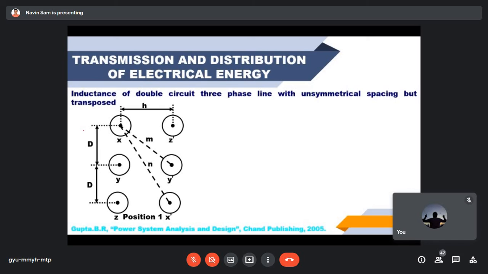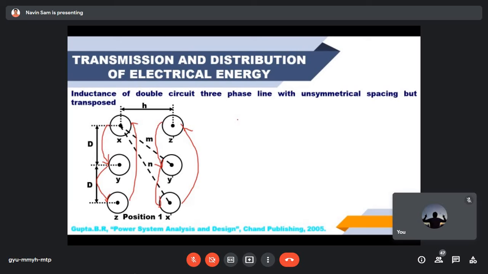Transposition in the sense, X is here, so X will take this position in the next one. Y is here, Y will take this position. Z is here, Z will take this position. Similarly, Z dash is here, Z dash will take this position. Y dash will take this position, X dash will take this position.